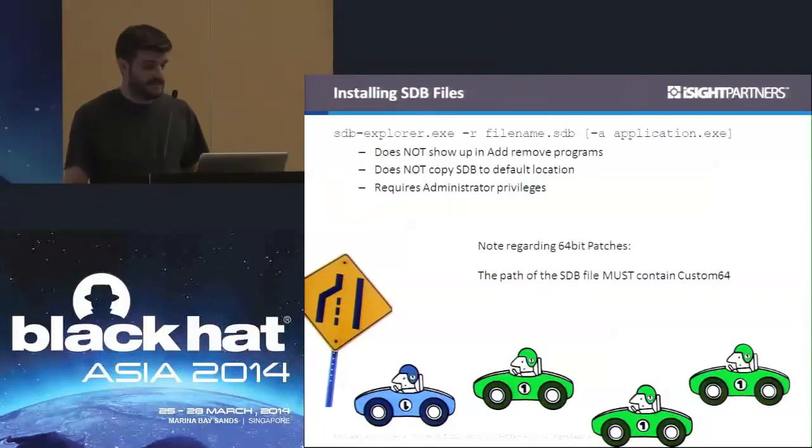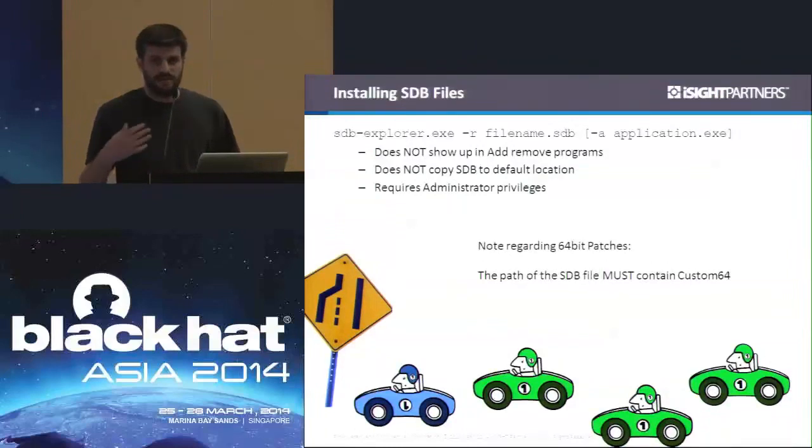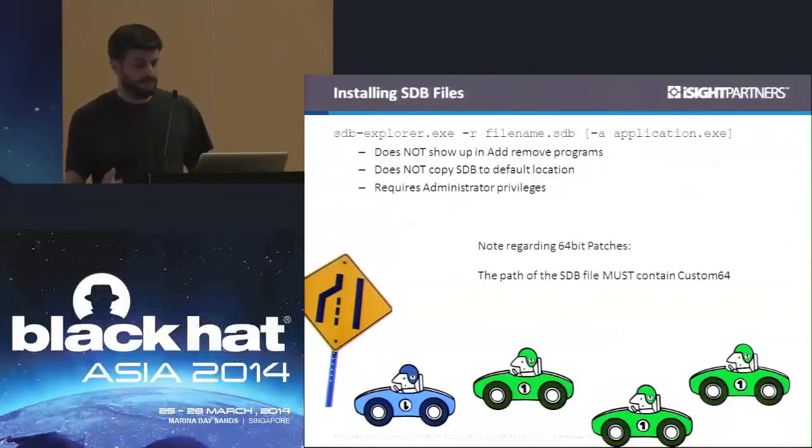My tool does not copy into these default locations, so if you're making a patch for a 64-bit program, you need to have Custom64 somewhere in the full directory path. That's how Windows checks whether you have a 32-bit or 64-bit patch. It just checks based on this directory name.